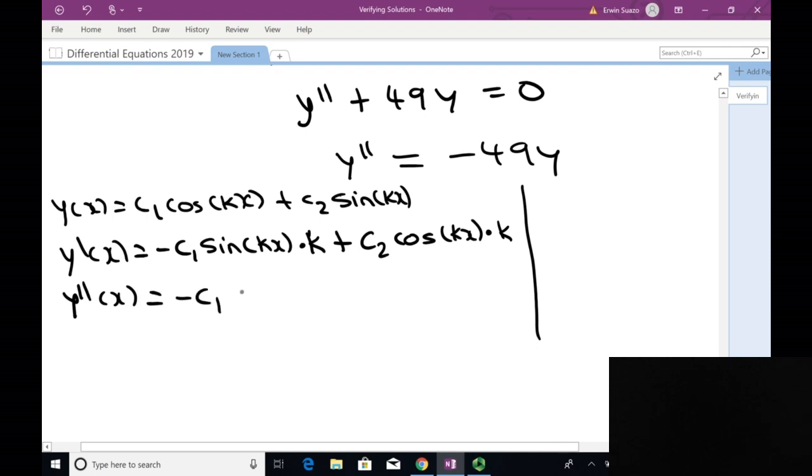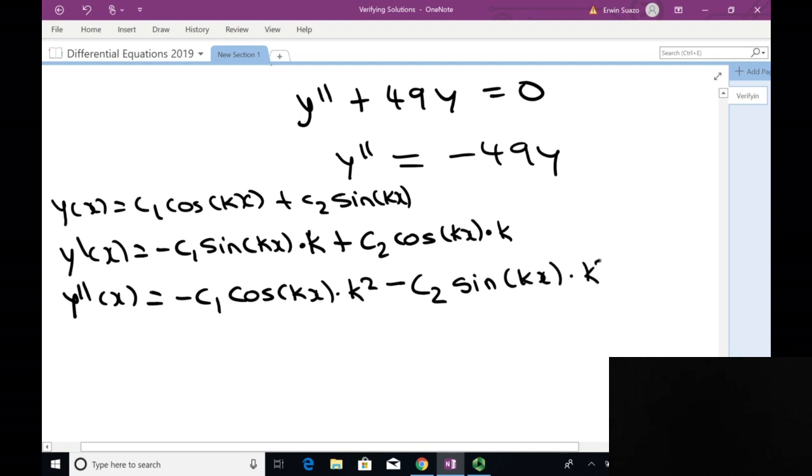Negative c1 cosine kx times k squared, minus c2 sine kx times k squared. Okay, that's my y double prime, right?